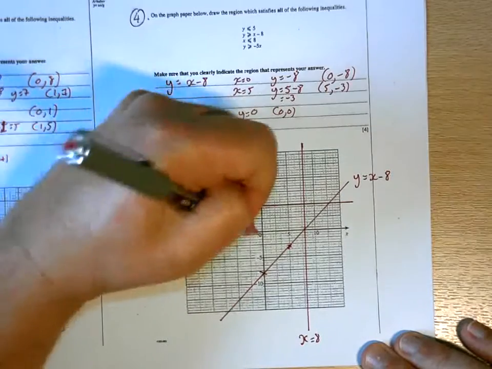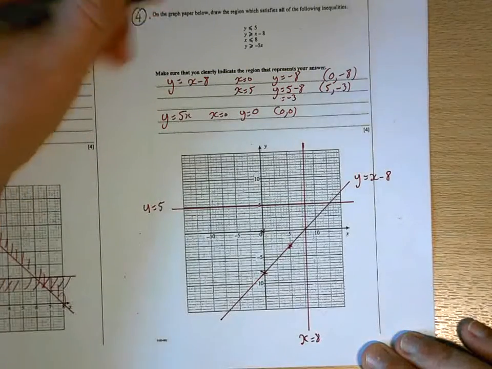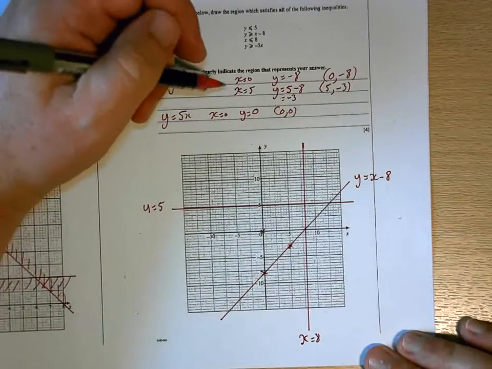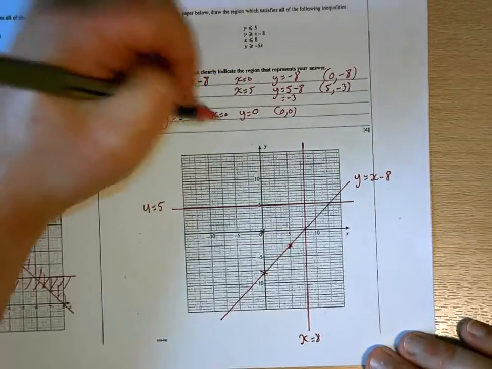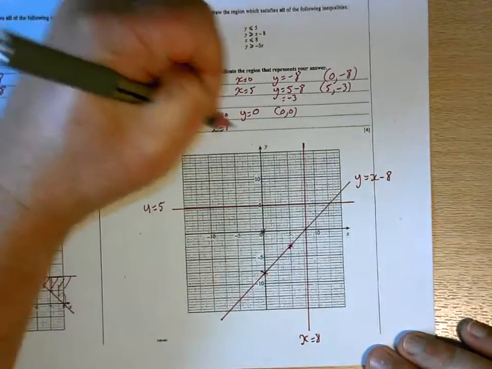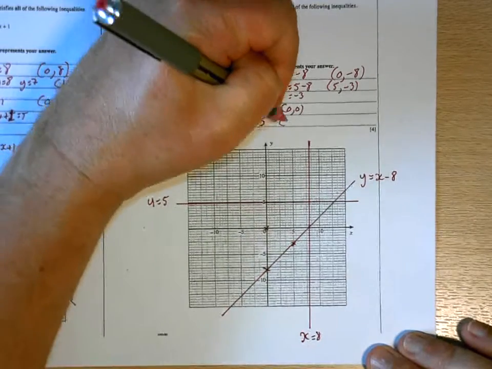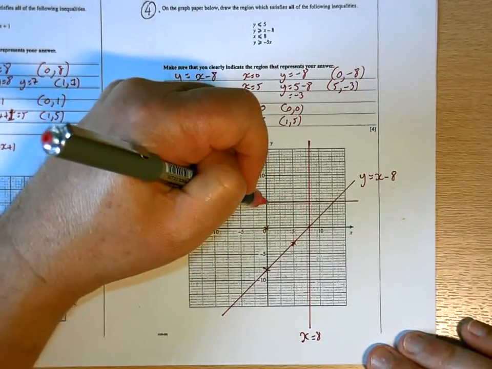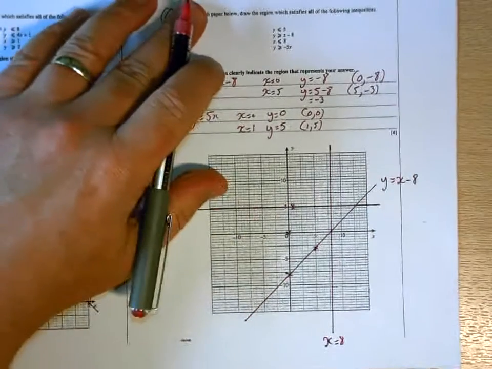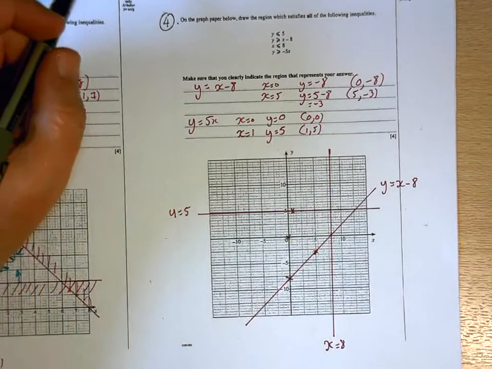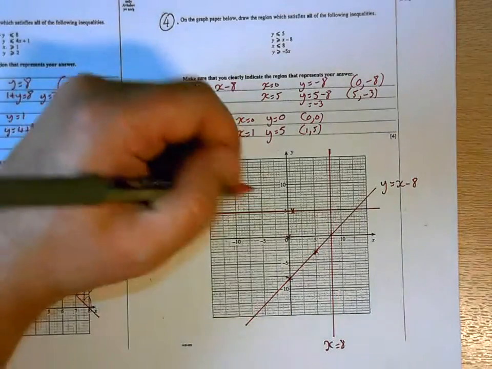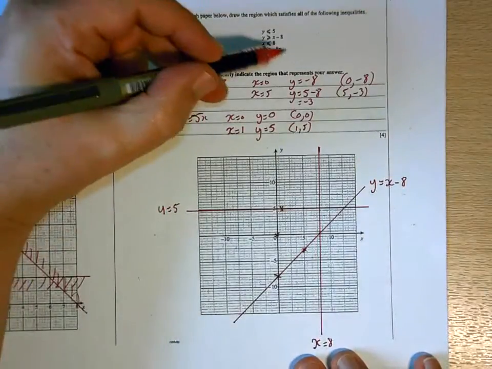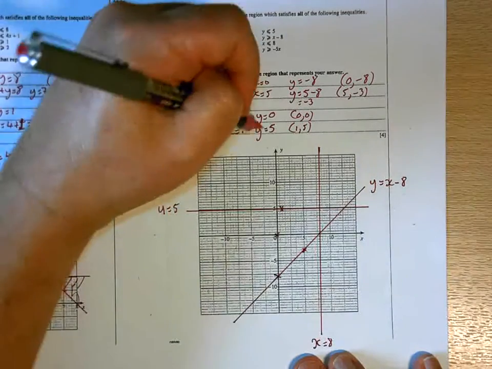So it's going to go through there. And if x is 1, y is minus 5.